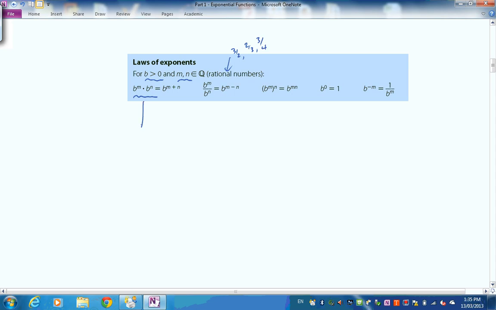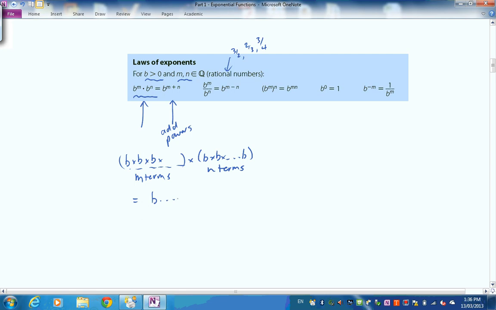When you multiply two numbers together that are powers of the same base, what's the easy way of working out your answer? You add the powers. Do you remember the proof of that? If you had b times b times b, etc., and so there were m terms here, so it's b to the m, and you multiplied it by b by b by b n times, then there's n terms, how many b's would there be?